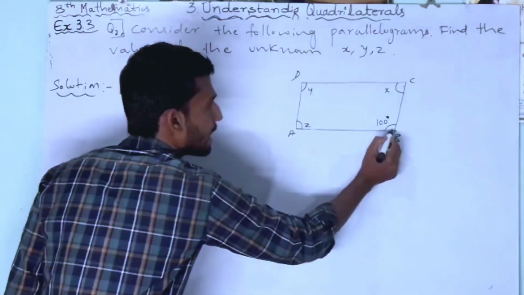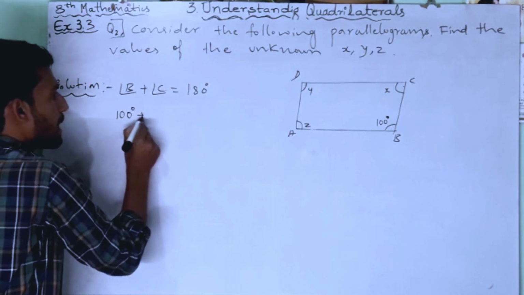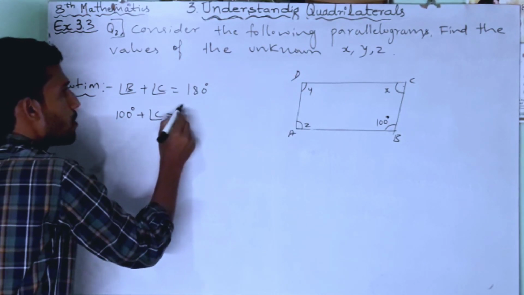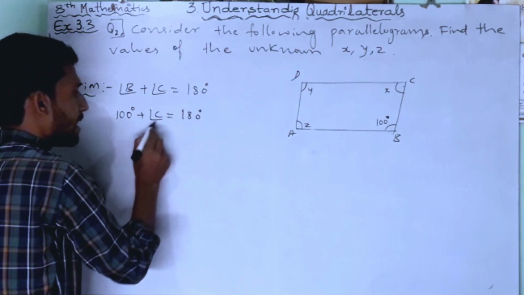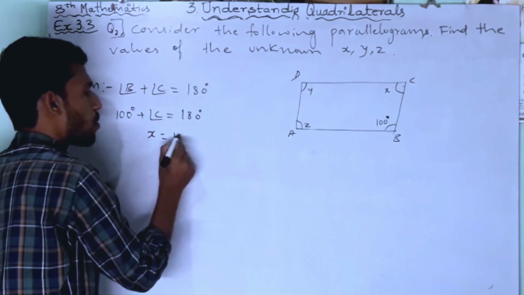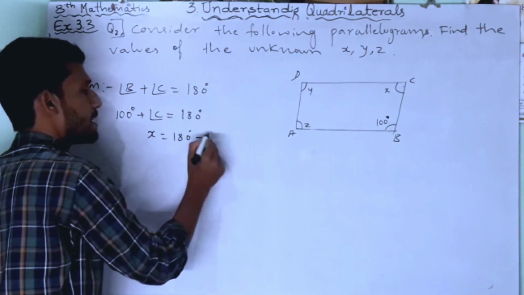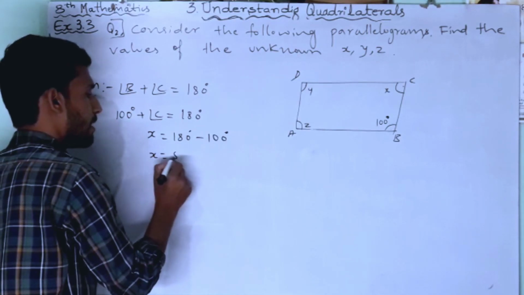Now here given, angle B is 100 degrees plus C is equal to 180 degrees. Now when we transpose, we are getting angle C, that is X. X is equal to 180 degrees minus 100 degrees. When we do the subtraction, we are getting 80 degrees.